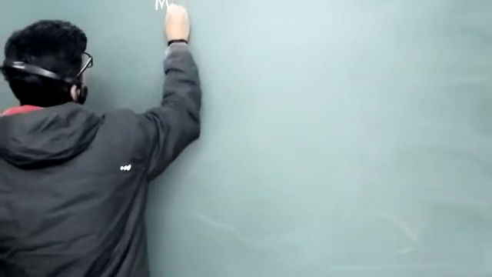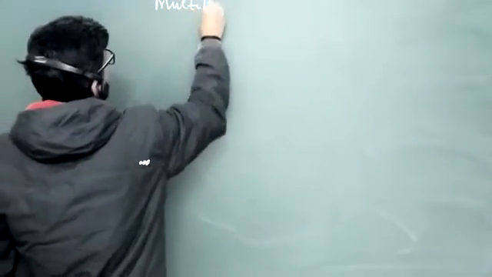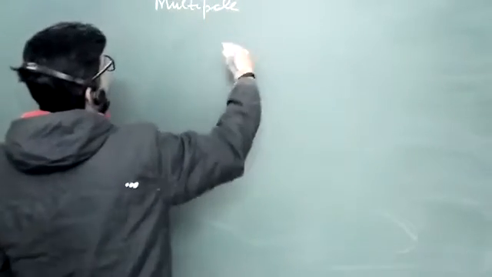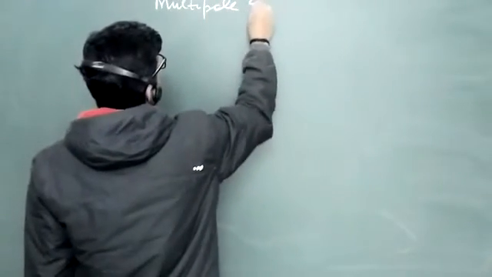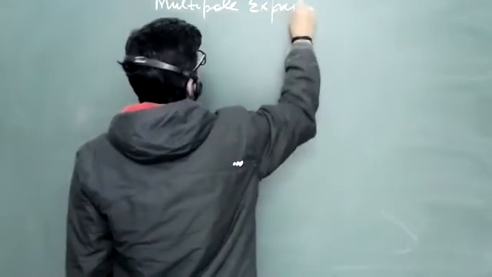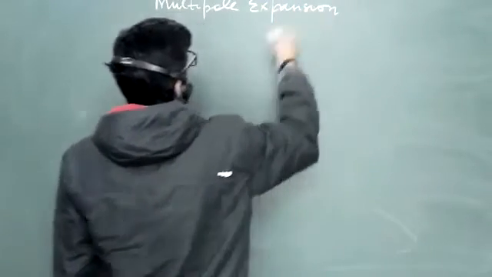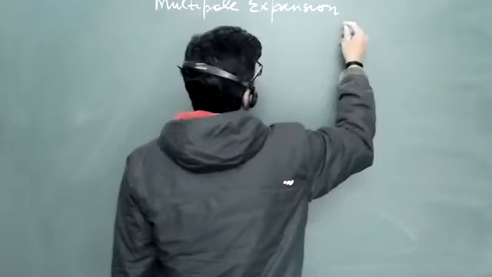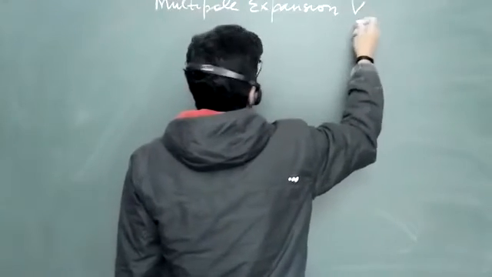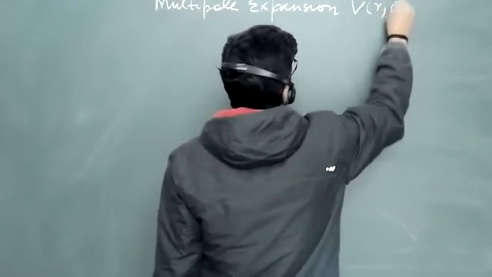Okay, so let me take a system. This is actually the multipole expansion. Multipole, because all types of poles will be present. Multipole expansion, and this will also be at a far point, and this will be some V(R, theta).